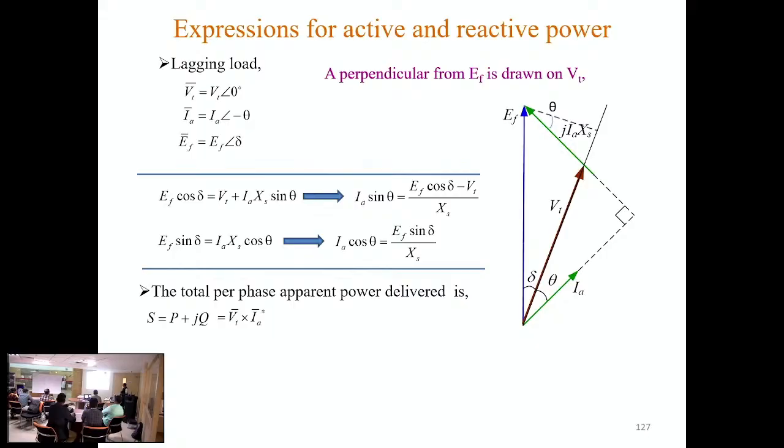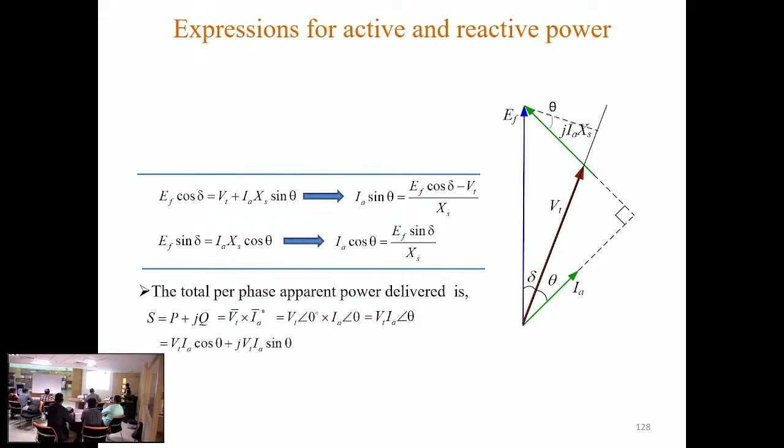Doing that, we can write Vt angle 0 degrees, and here Ia is minus theta, so we have taken plus theta, because that is the complex conjugate. From there we can write Vt Ia cos theta plus j Vt Ia sin theta. Comparing, we can see P equals Vt Ia cos theta and Q equals Vt Ia sin theta.